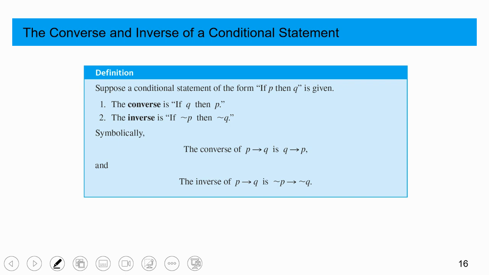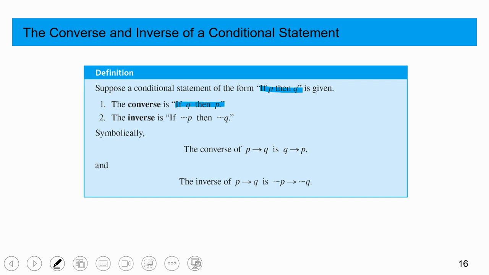The converse is simply switching the P and the Q. So if your original statement says if P, then Q, the converse says if Q, then P. And the two statements really are not the same at all, even though many times in the English language we do use those interchangeably. Logically, they are not the same.